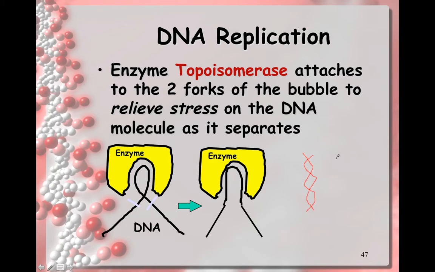But as it becomes untwisted, all of the loops down there get shoved to the bottom, and that becomes twisted really tightly. Right? And all of that stress, there's a lot of stress on the DNA right here. And so we don't want that to damage our DNA, and so this topoisomerase comes in and relieves stress at these points right here, at all these tense sections of the DNA of the replication bubble.